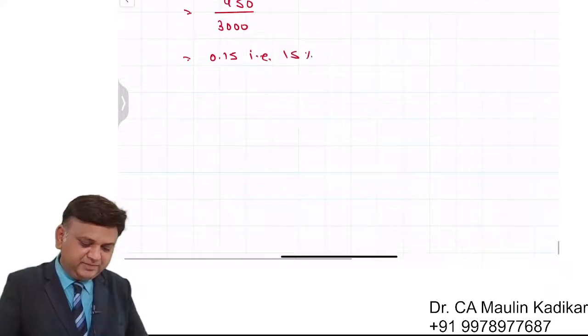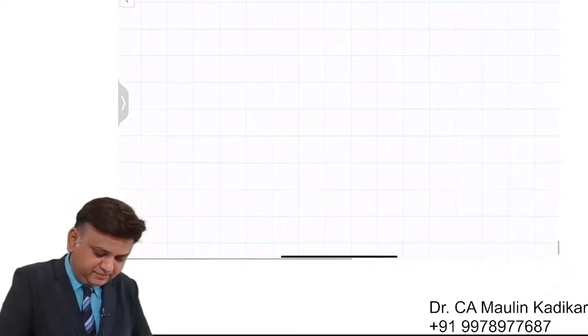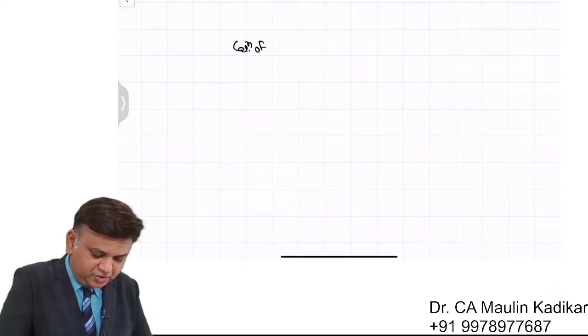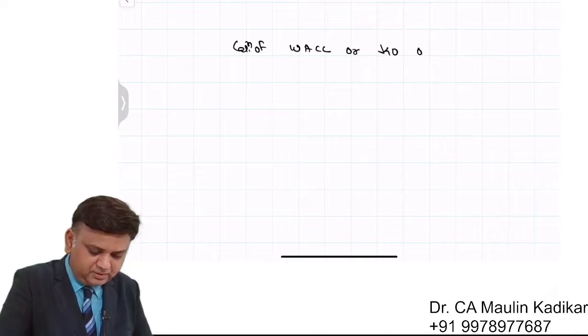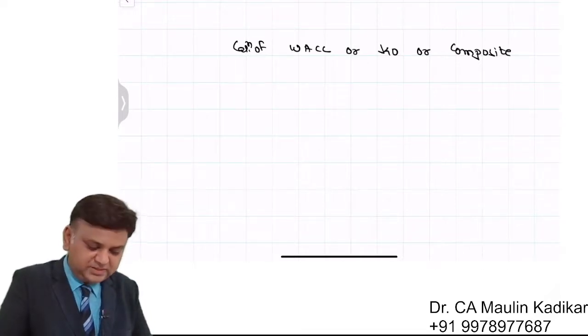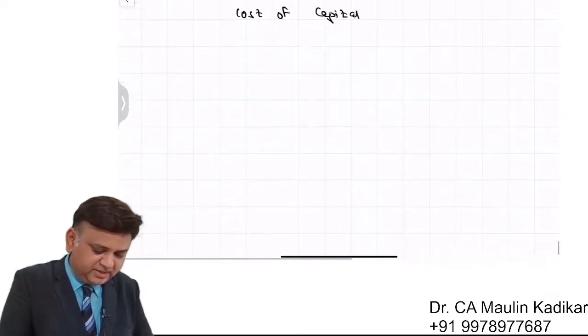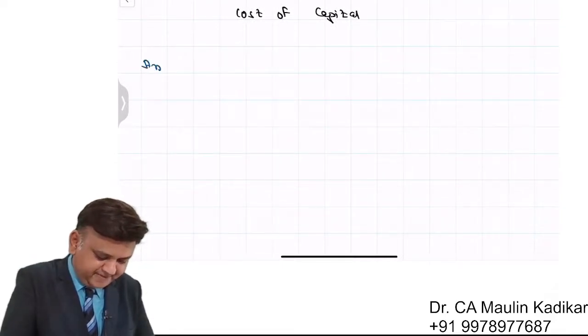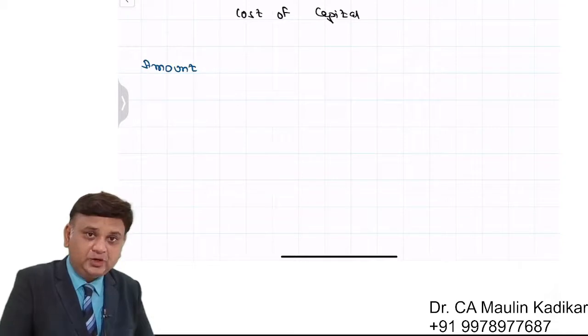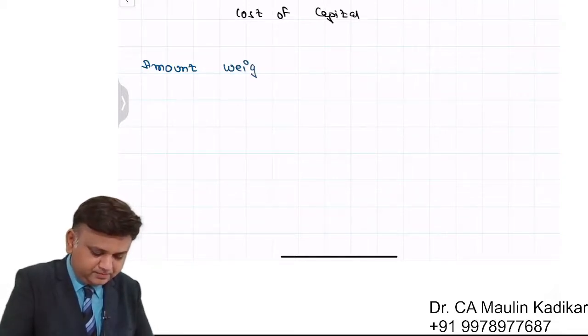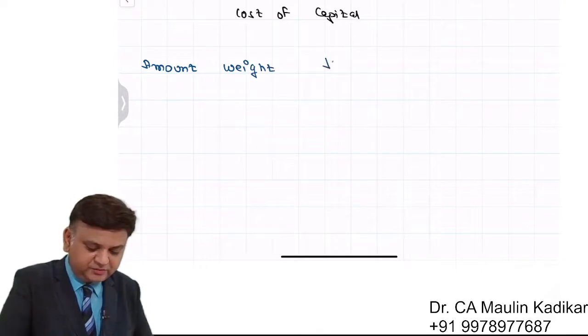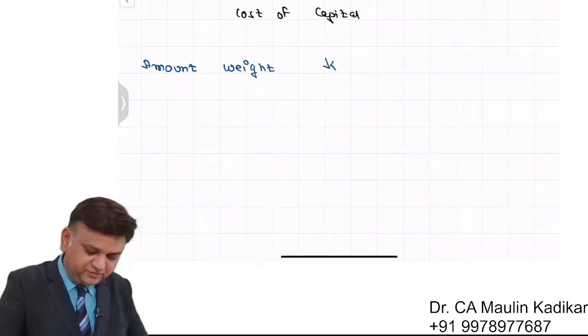Okay. After making this calculation, we can have the calculation of weighted average cost of capital or overall cost of capital or composite cost of capital. It is one and the same. Column number 1 is source of finance, column number 2 is amount, column number 3 is weight, column number 4 is cost of capital, and the last column is weight into cost of capital.